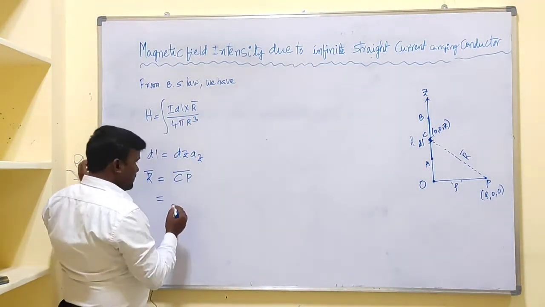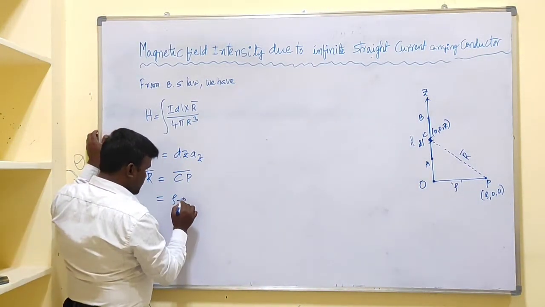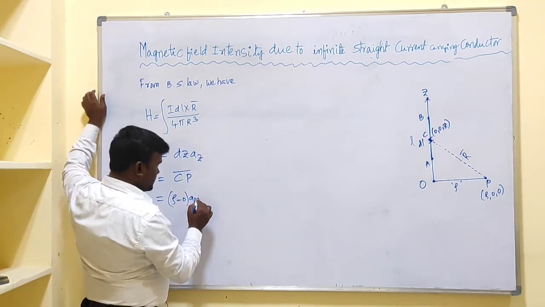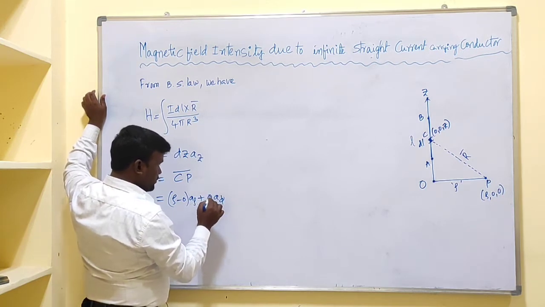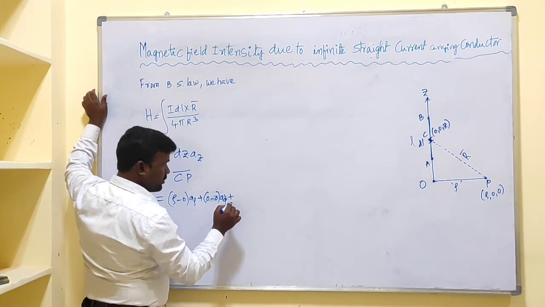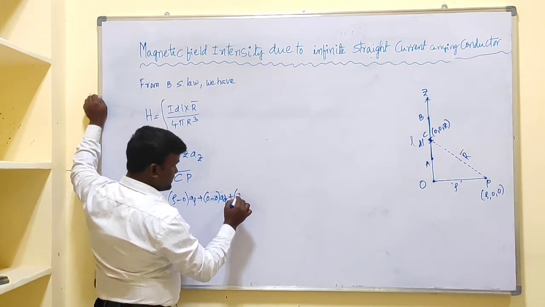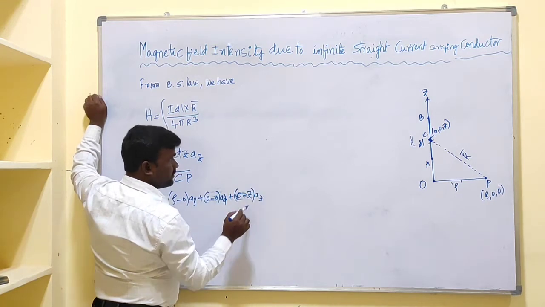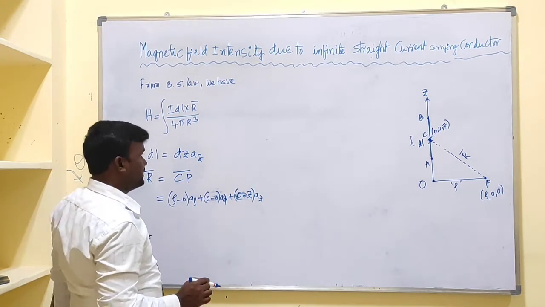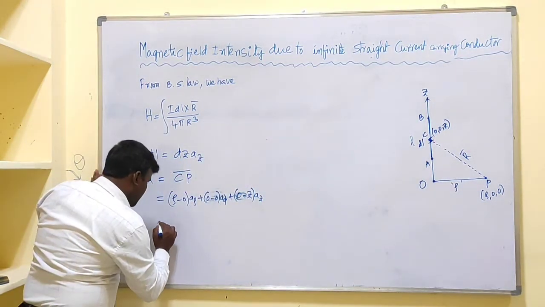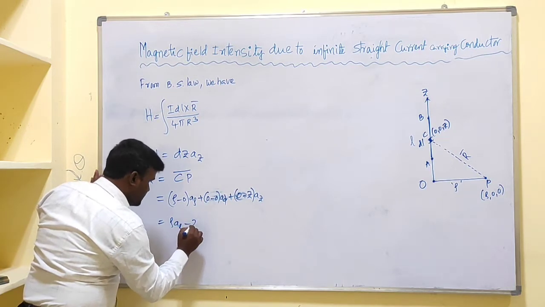The rho component is rho minus 0 into a rho, the phi component is 0 minus 0 into a phi, and the z component is 0 minus z into a z. So we can write r bar as rho a rho minus z a z.